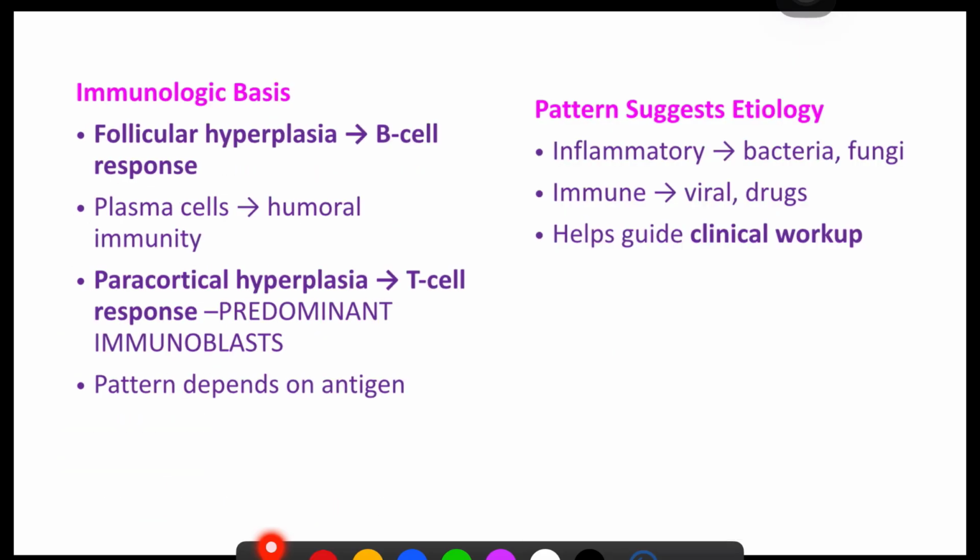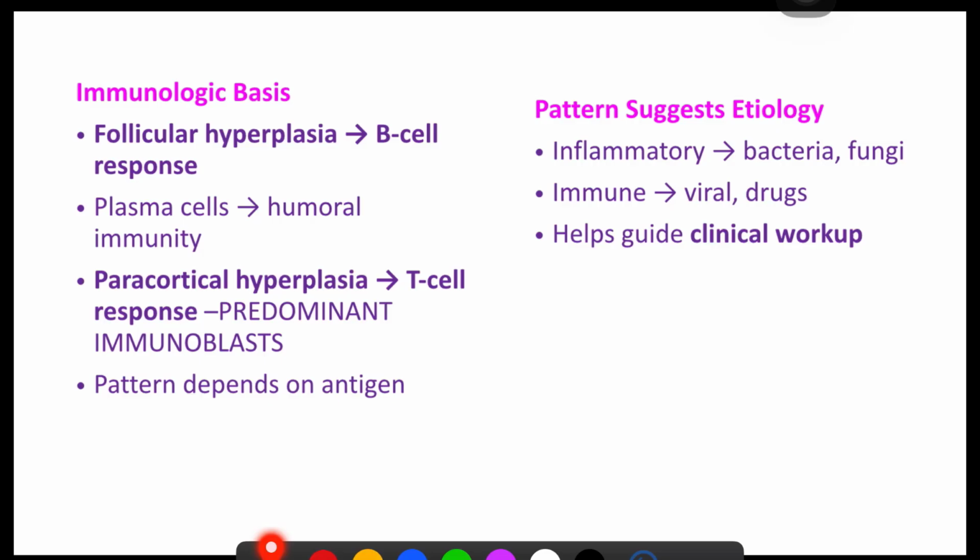Now, what is the immunologic basis? Follicular hyperplasia suggests a B cell response to a particular antigen, and plasma cells increase due to humoral immunity. Paracortical hyperplasia is due to T cell response, and in this hyperplasia there is predominantly immunoblastic proliferation, and we can find an increased number of immunoblasts.